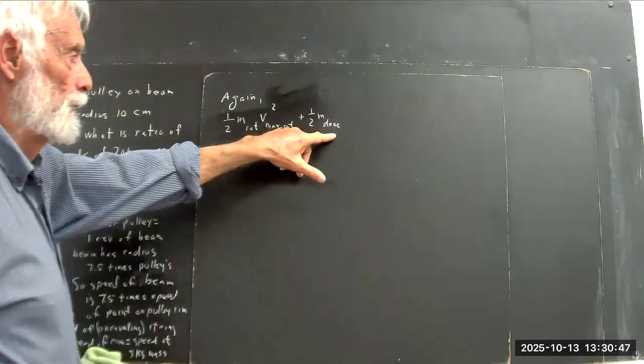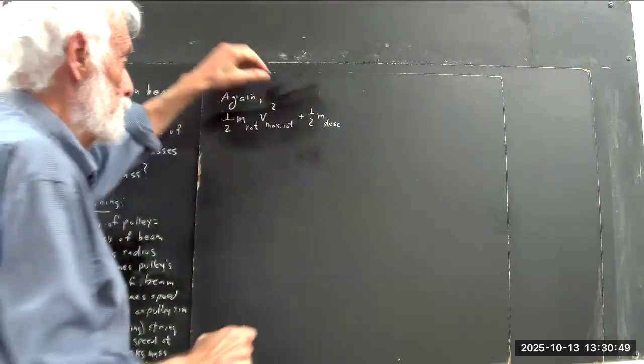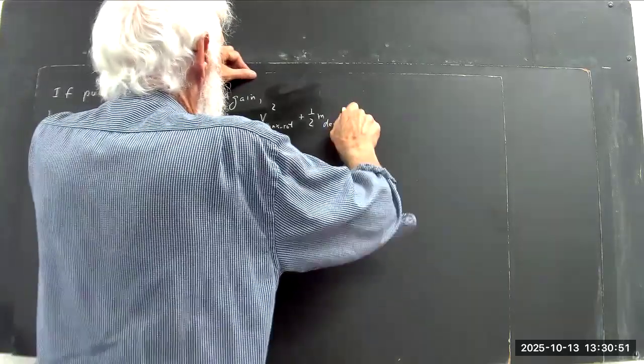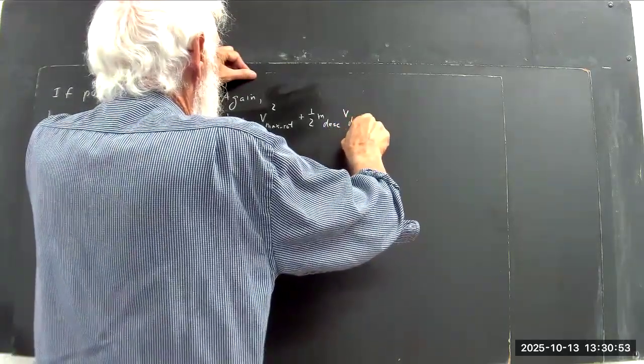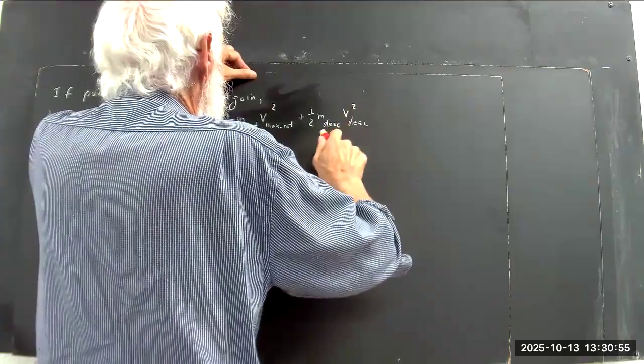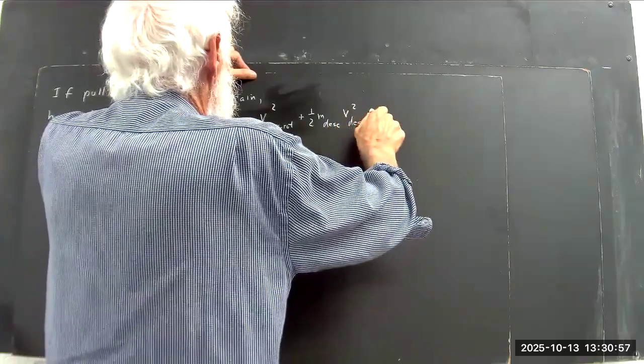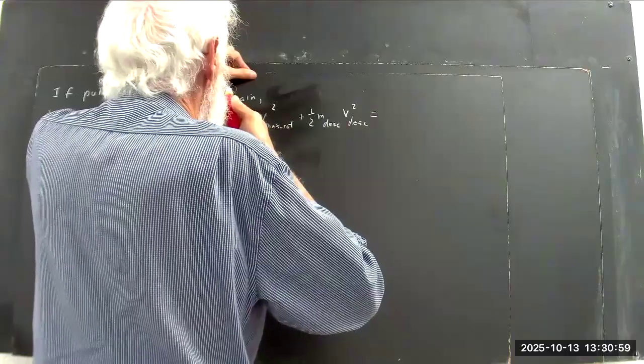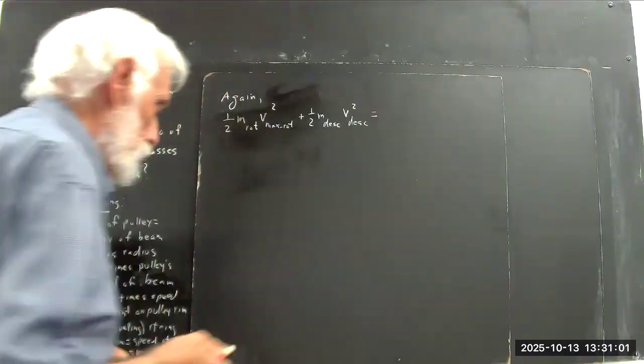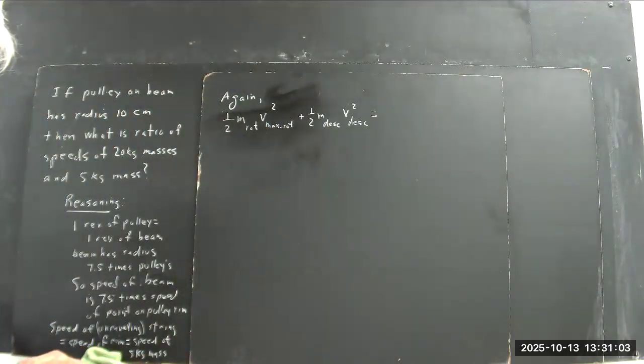And I use DESC for descending mass, times, and that equals what?